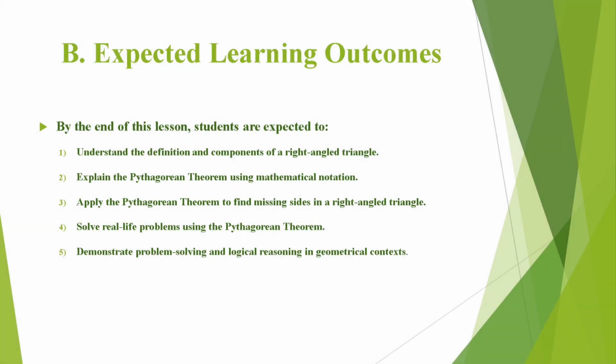Learning outcomes. By the end of this lesson, students are expected to: 1. Understand the definition and components of a right-angled triangle. 2. Explain the Pythagorean theorem using mathematical notation. 3.